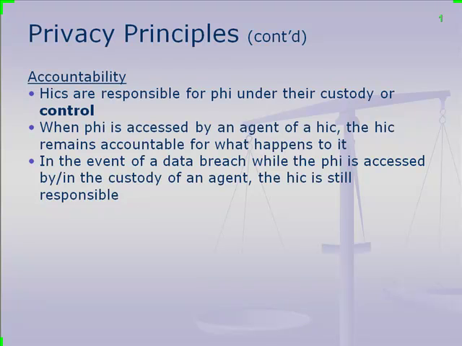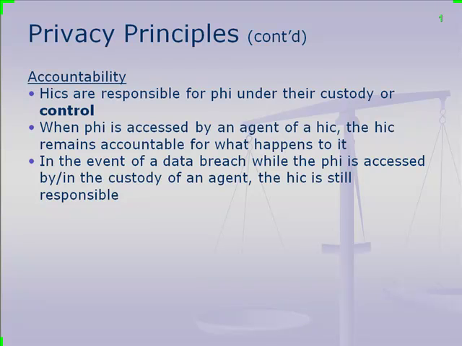HICs are responsible for PHI under their custody or control. So when PHI is accessed by one of your agents, the HIC remains accountable in the event of a data breach. The HIC is still responsible if something happens to the data in the hands of the agent.